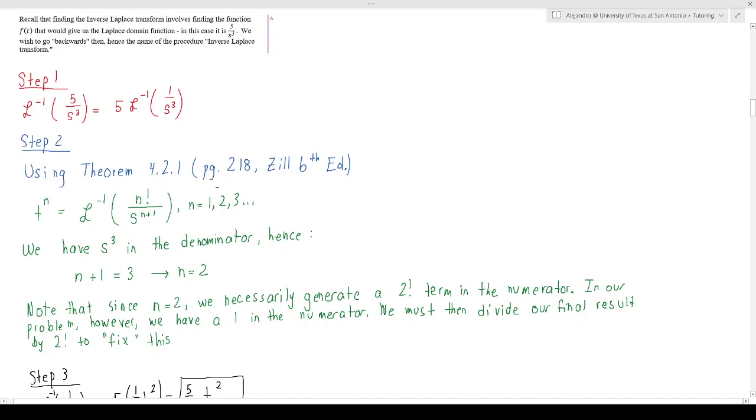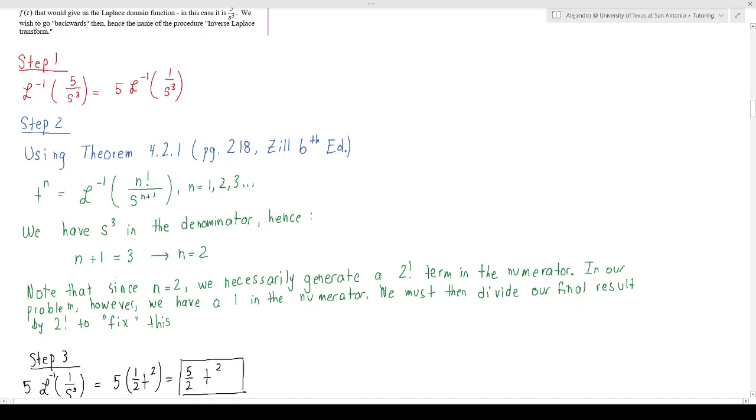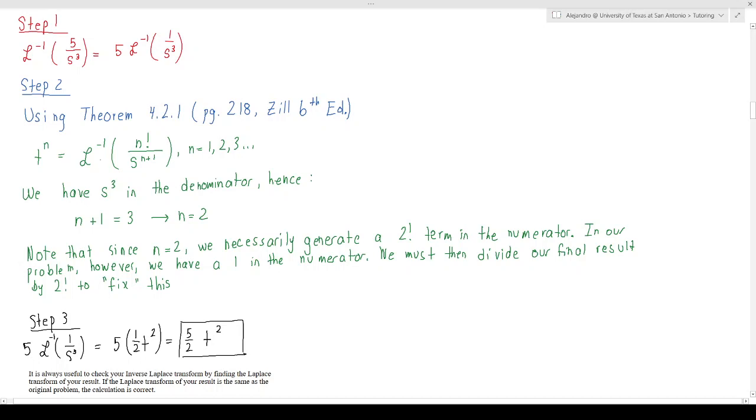Comparing it to our problem, we have 1 over s cubed. So we can conclude that n is going to be 2, because in our problem we have s raised to the third. If n is equal to 2, that necessarily generates a 2 factorial term in the numerator.